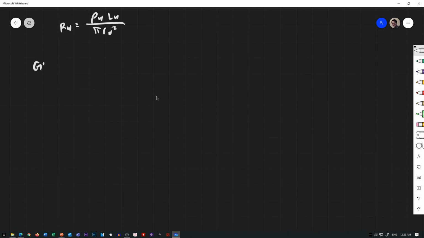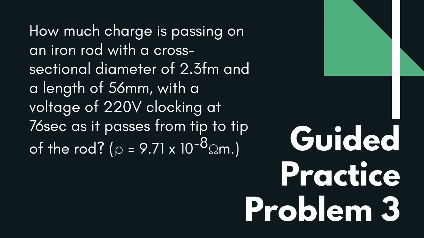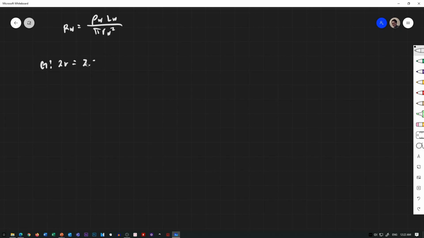So this is a given. R is equal to our value 2.3 femtometers, sorry. That will be 2.3 times 10 raised to negative 15 meters.